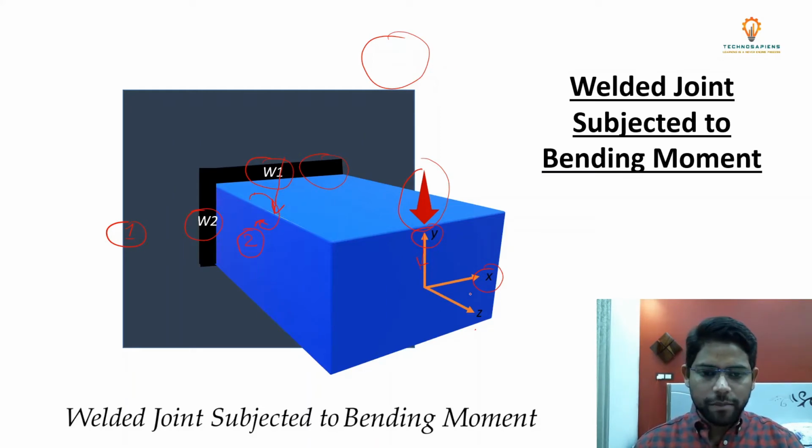The actual load is acting along the y-axis, and the length of the beam is along the z-axis, that's why the moment induced in the welds because you are shifting this load from here to here will be about the x-axis.